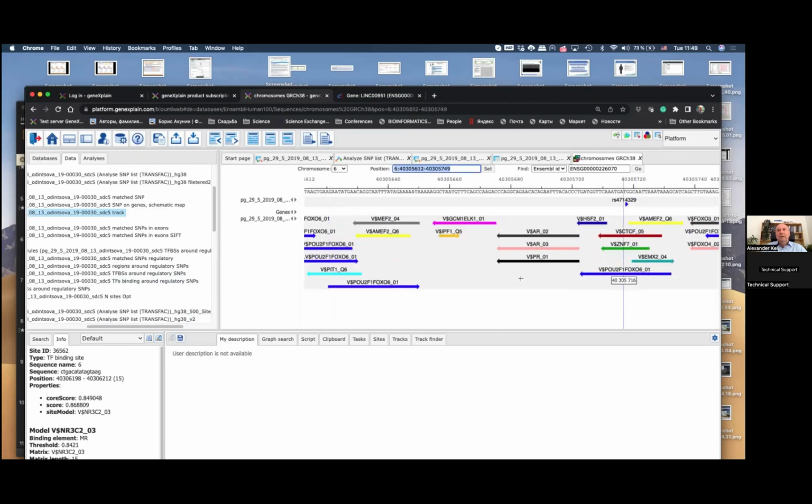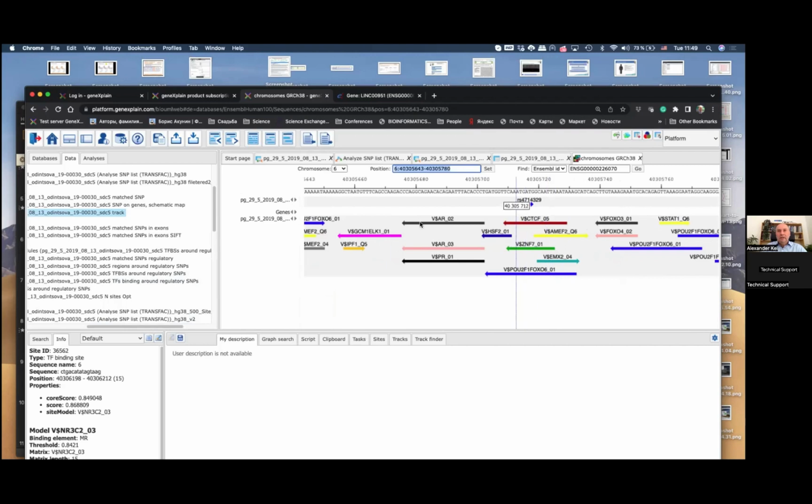All right, so now you see those sites which are around that SNP, in the area 500 nucleotides left and right from that SNP. And this gives us already a set of transcription factors which might be interesting for us, which might be involved here in the regulation of the genes involved in that particular disease.